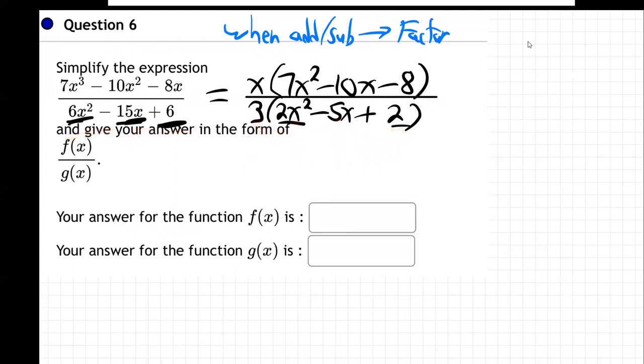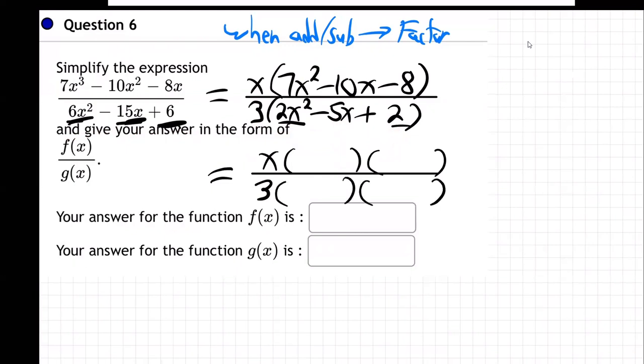Now, the next step, we're going to go to the 2 parentheses. So we'll come down here. I'm going to leave that x in the front on the top and the 3 in the front on the bottom. And now I'm going to go to 2 parentheses on the top and 2 on the bottom. Why? Because we have x squared, x, no x, x squared, x, no x.